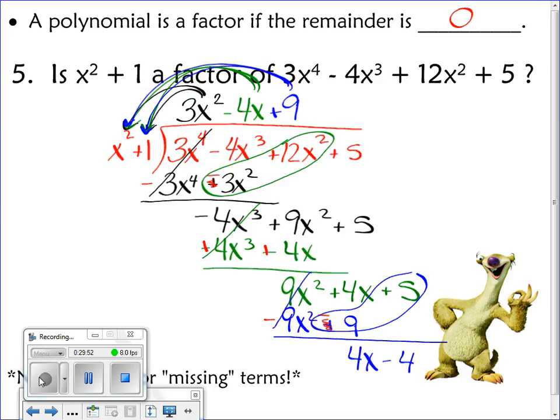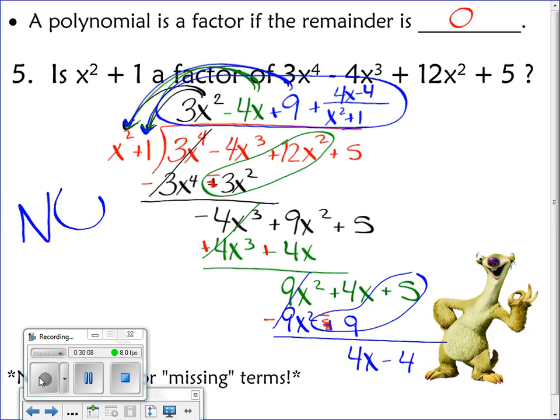So what do I do with my remainder? Put it up top, plus 4x minus 4 over x squared plus 1. Good, and the answer is no. Question was, is that a factor of that? No, it has a remainder, so it's not a factor.